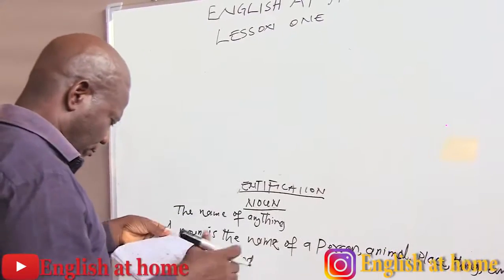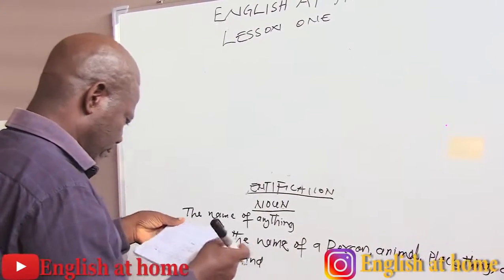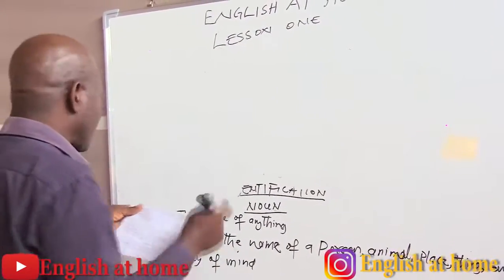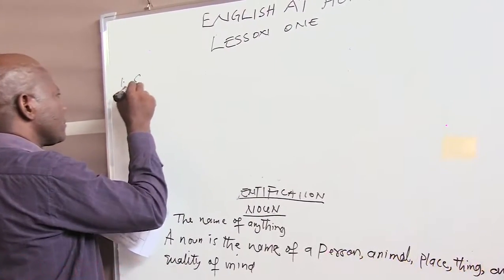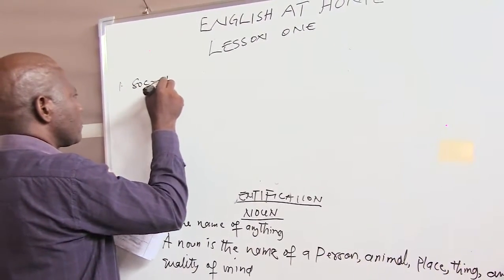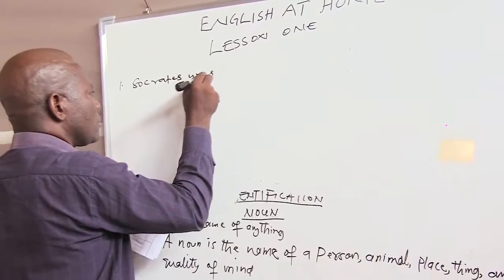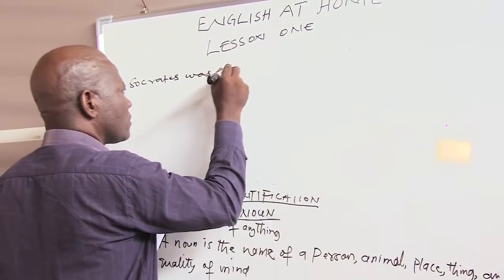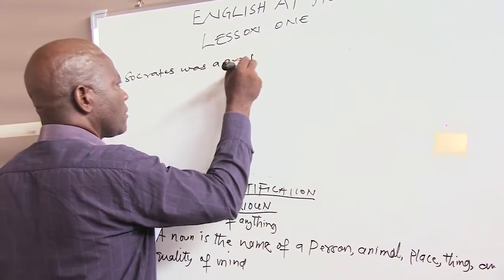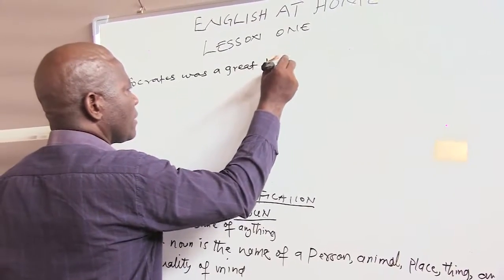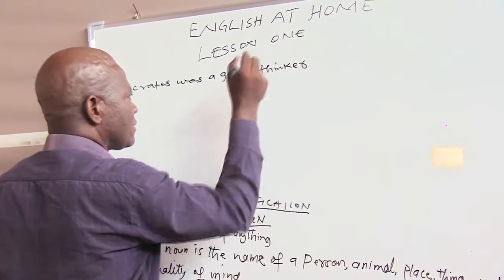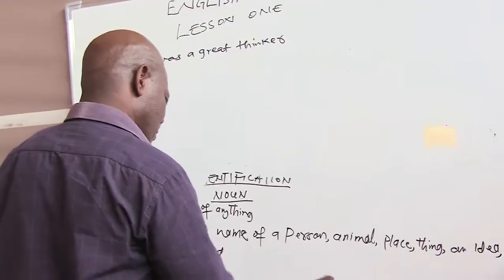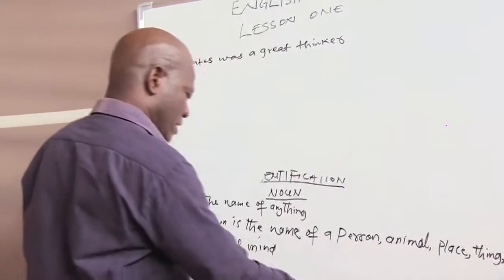All right. So number 1, we have a sentence like, Socrates was a great thinker. Socrates was a great thinker, all right?